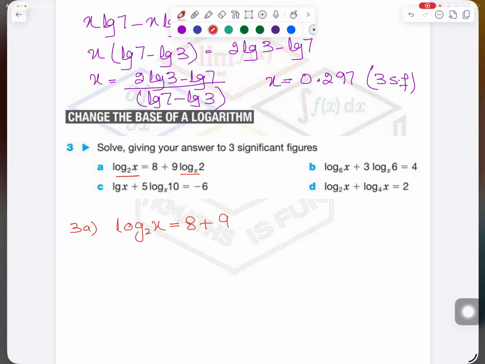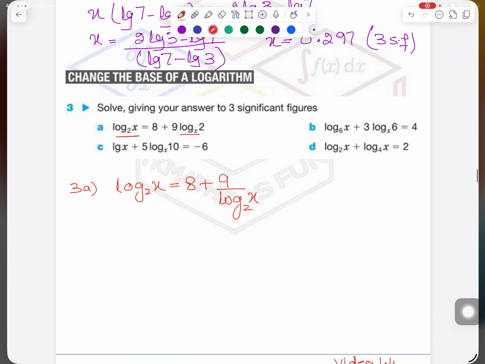Now the change of base rule: if I take it in the denominator, the number becomes the base and the base becomes the number. I told you this thing, right? So now I will say let y equal log x base 2. Otherwise it looks a little complicated.